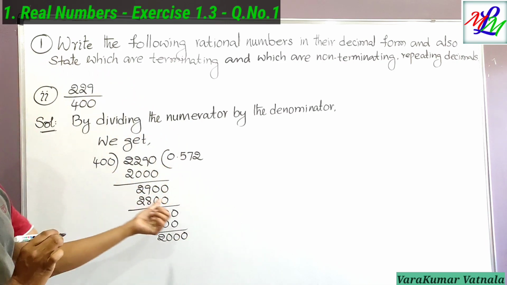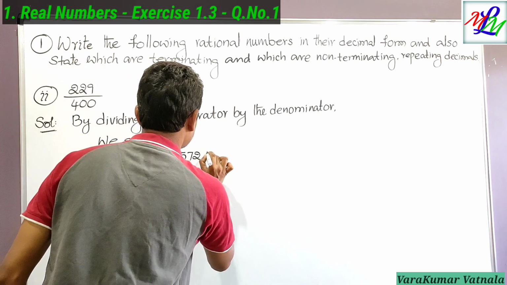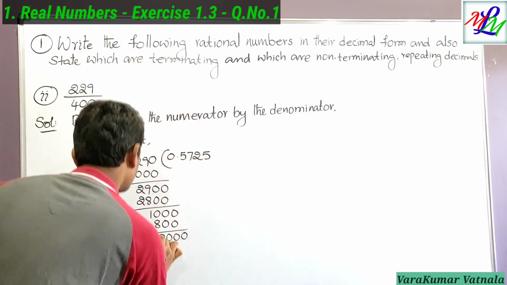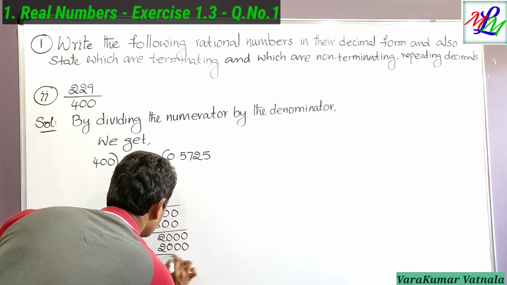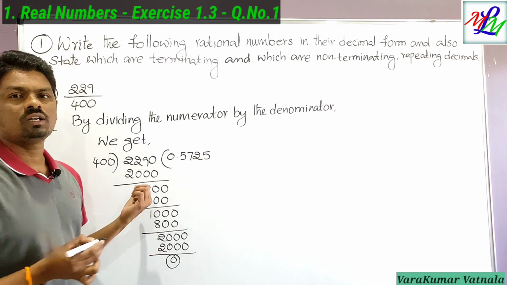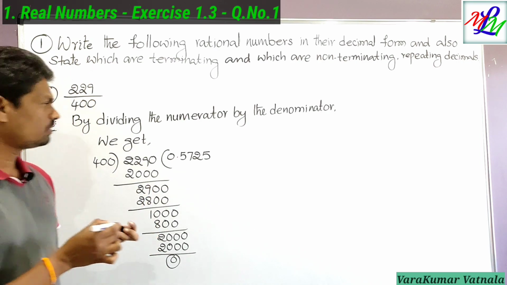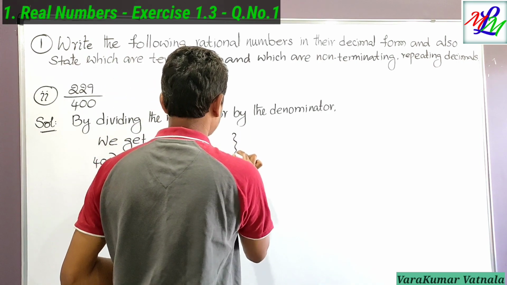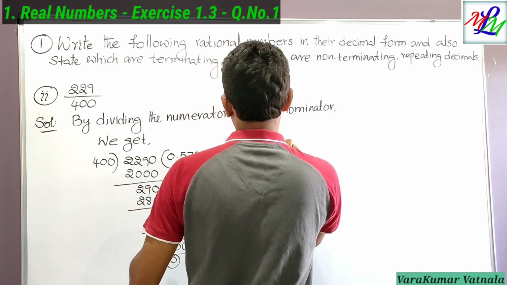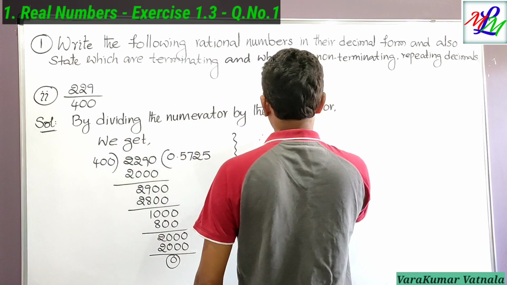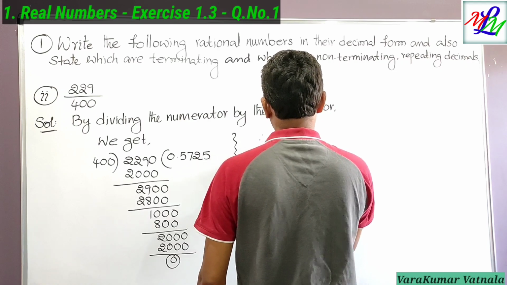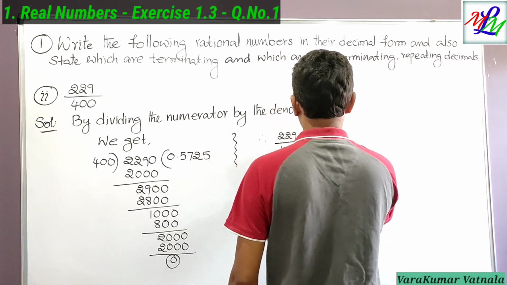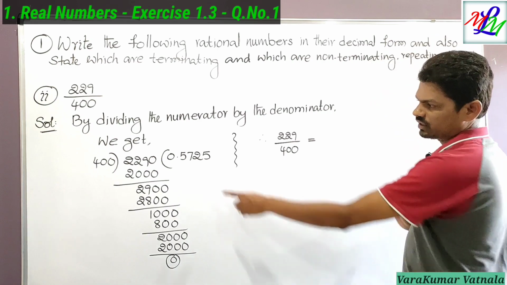Here it goes exactly 5 times. 4 5s are 20, therefore 400 into 5 is 2000. So the remainder is 0. Here also the division is completed. Therefore we can write the decimal form of the given rational number 229 divided by 400 is equal to how much, student?